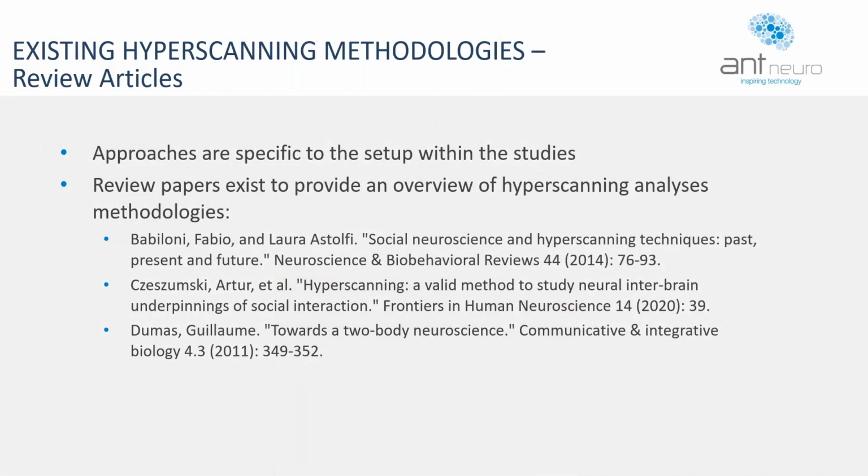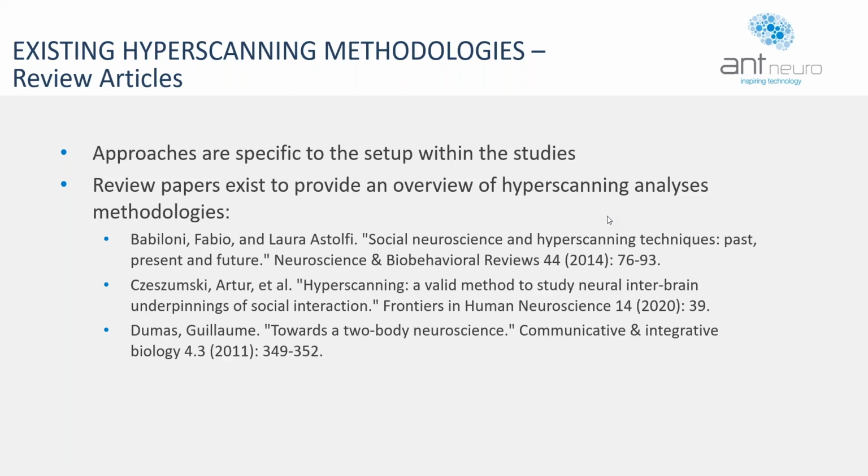This actually brings me to a slide on the methodologies that are out there for EEG hyperscanning analyses. Here you see that there are 3 articles that I have listed. We do want to share a word of caution that all of these approaches are specific to the setup that is looked into within the studies.